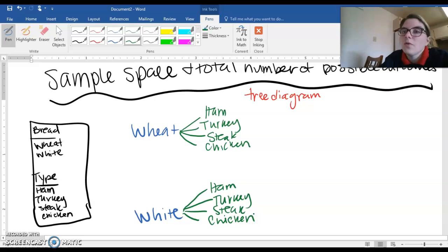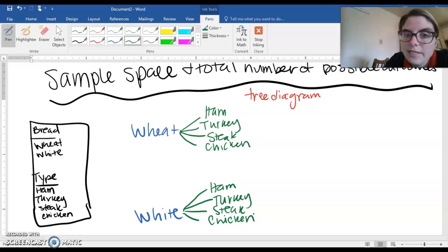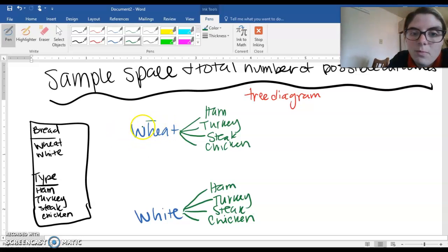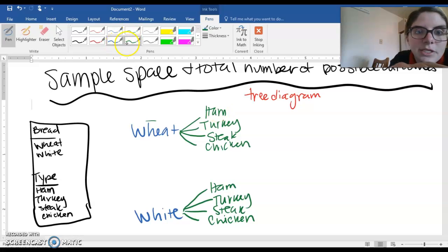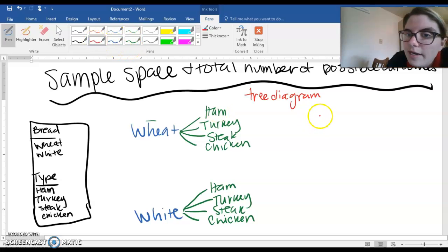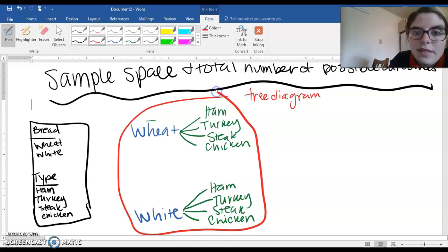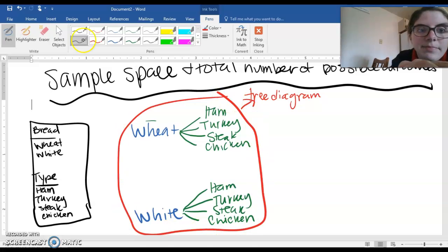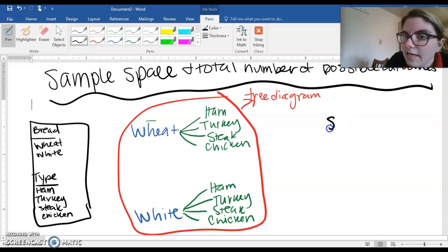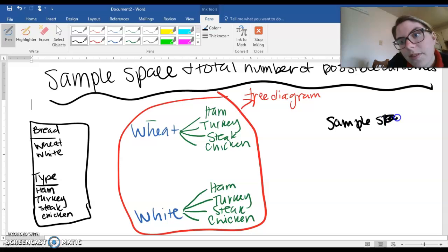Okay, so then to create your sample space, you're going to say, okay, I have a wheat bread with ham. Let me change my colors again. Let's do red. So this right here is your tree diagram. Your sample space is what we're about to write down.